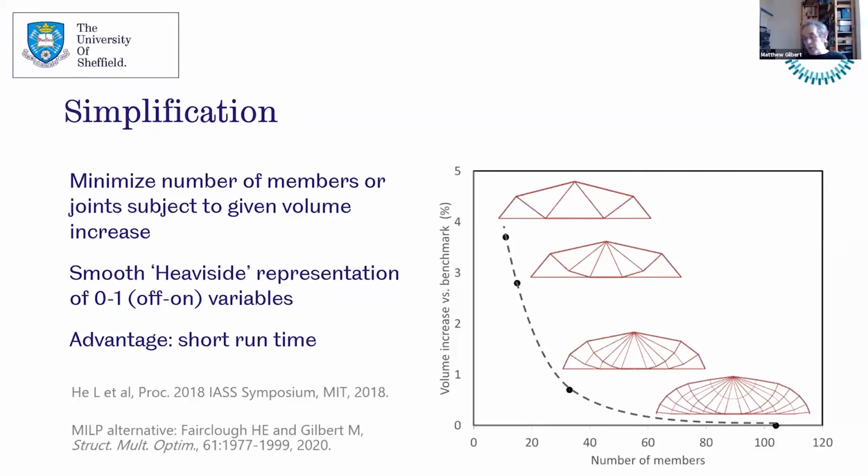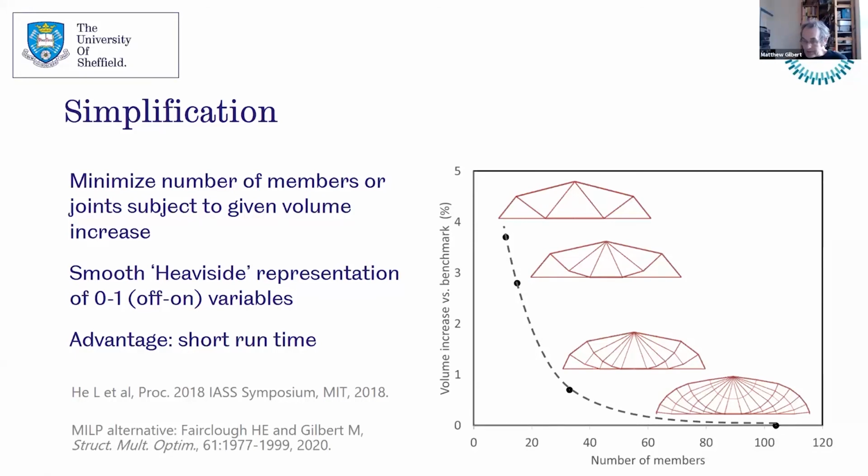I mean, it works. It's a messy approach. Certainly compared with the mixed integer linear programming approach, which allows you to rigorously enforce, for example, that you want no more than 5 members, or no more than 17 joints.